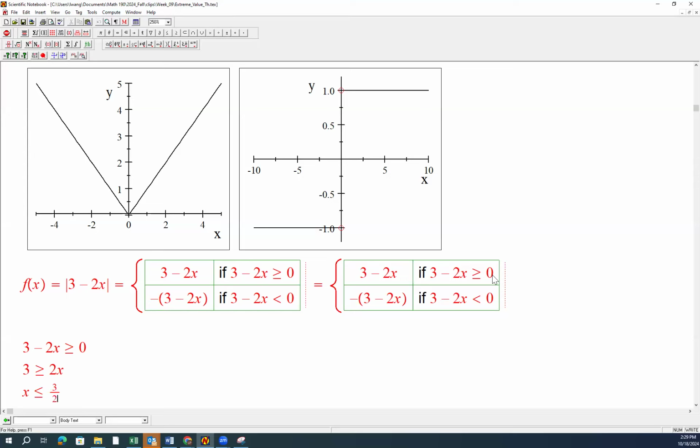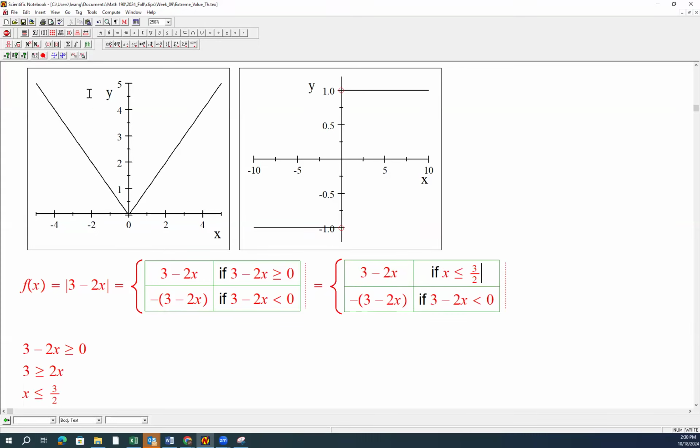So this piece will become x less than or equal to 3/2. And then of course this piece will become x greater than 3/2, right?